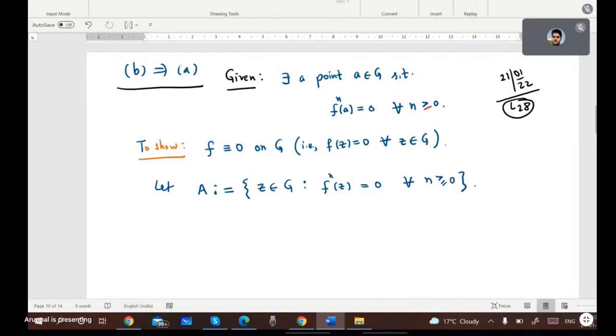Class, please take a note. We are given that there exists a point A. Class, there can be more than one such point, yes or no? Yes, sir. So we are taking all those points at which this phenomenon occurs, where derivatives of all orders are vanishing.